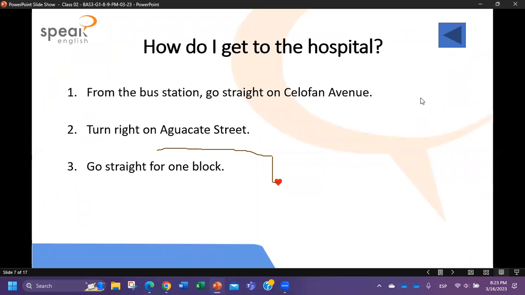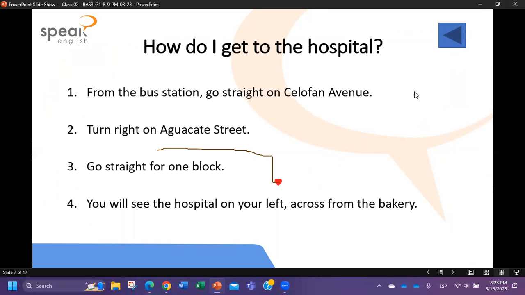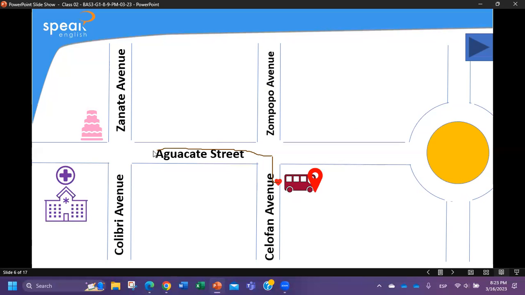Go straight for 1 block and you will see the hospital on your left across from the bakery. Okay, so I continue until I see the bakery and then I know that the hospital is here. So that could be another way of how I can get from one place to another.